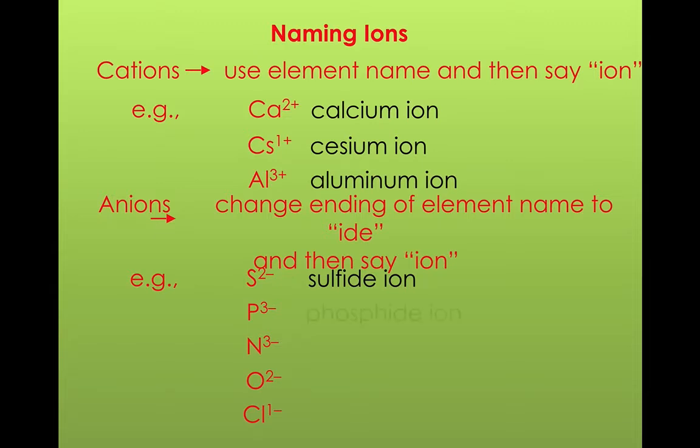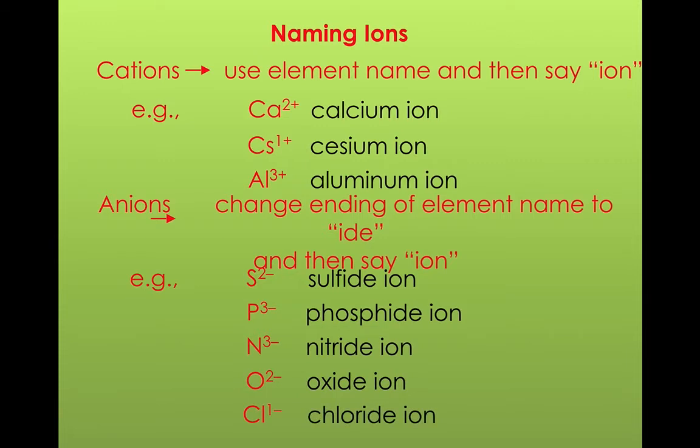The next one is going to turn into phosphide ion. Nitride for nitrogen ion. Oxygen turns into oxide ion, and then chlorine goes into chloride ion. And the other one that you guys have probably commonly heard about is fluorine. When that turns into an ion, like the stuff in your toothpaste, instead of fluorine, it turns into fluoride.